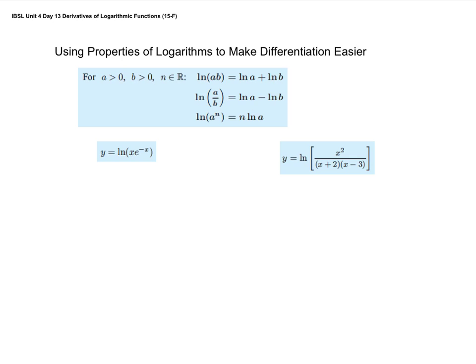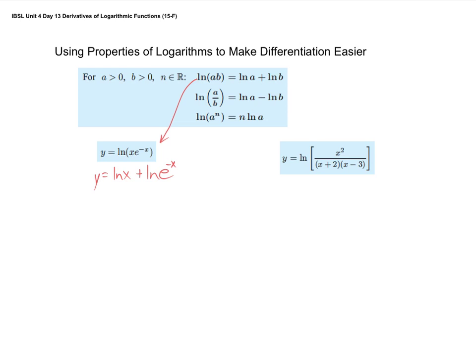So for example, if I have ln of x times e to the negative x, I can rewrite this as ln of x plus ln of e to the negative x.